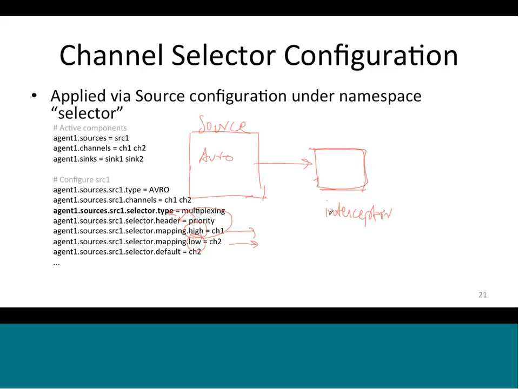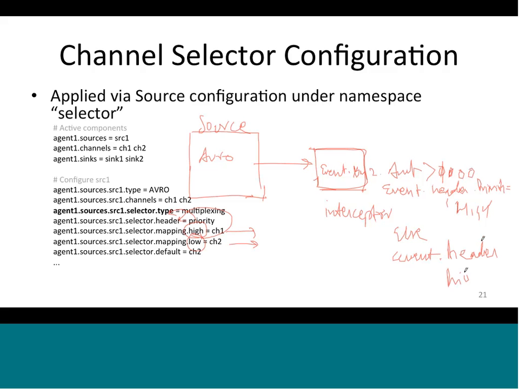In the interceptor, you are saying if event dot XYZ dot amount is greater than, let's say I'll put a bigger number, $1,000, then event dot header dot priority is equal to high. Else event dot header dot priority is equal to low.